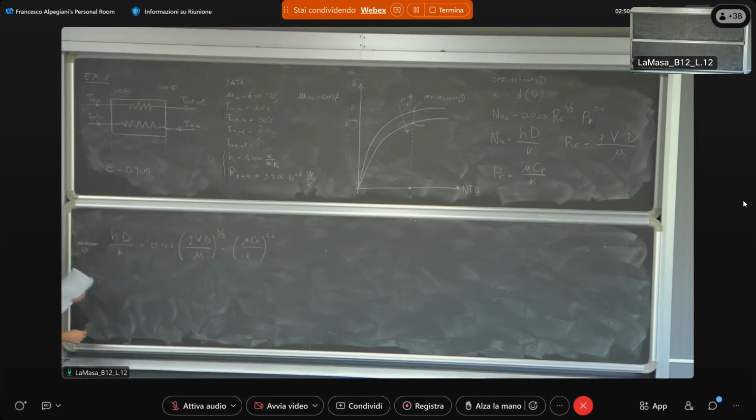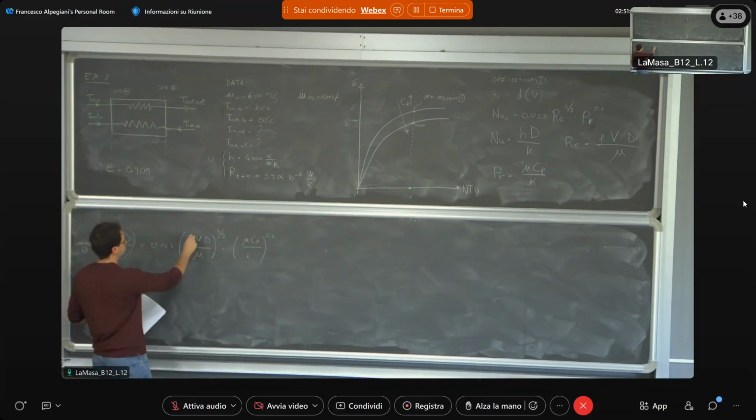Why have I done this? Because I want to highlight which are the parameters which remain equal between the off-design condition and the nominal condition. In particular, the diameter of the tubes is the same. Then it is given that the thermophysical properties remain the same. So essentially, we can consider that for the Nusselt number, this part remains the same.